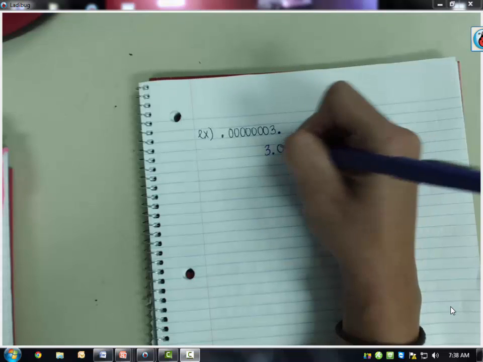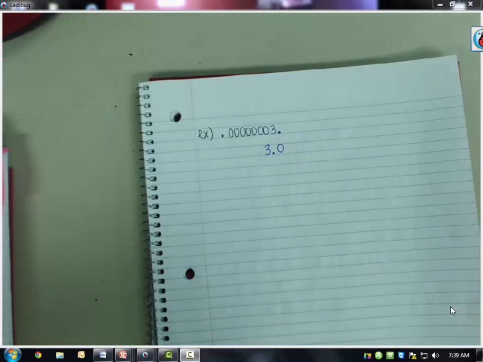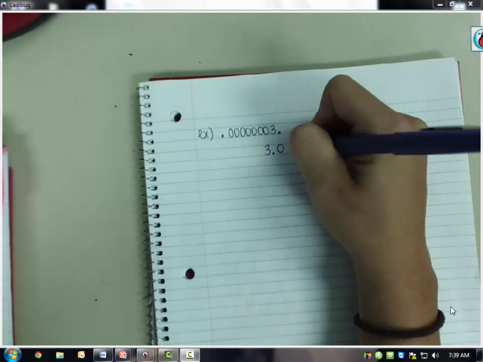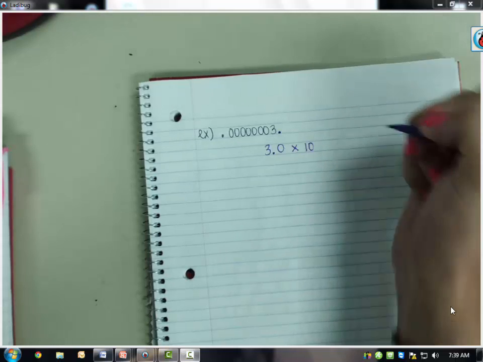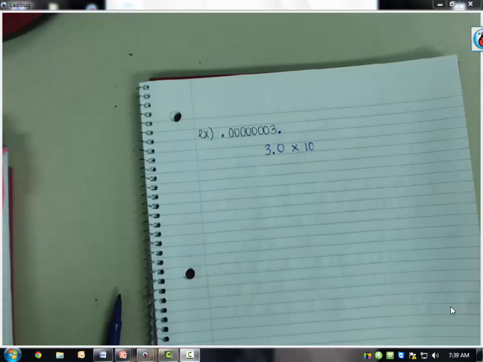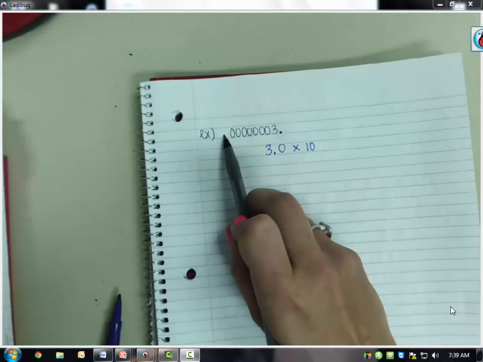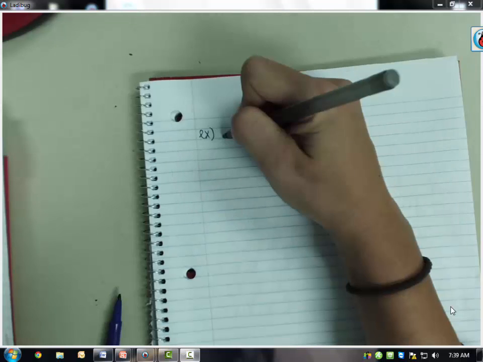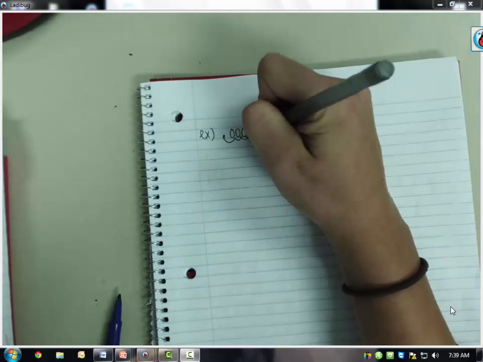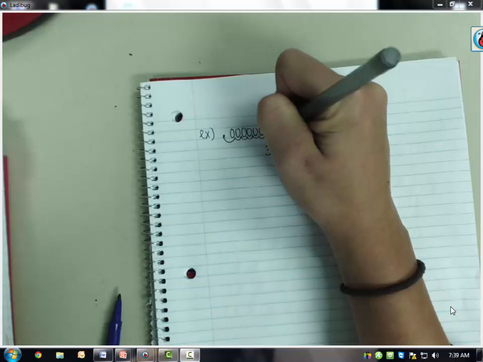Right? You're always going to multiply it by a base of 10, and now we have to figure out your exponent. Okay, so we have to figure out how many decimal places are from here to here. 1, 2, 3, 4, 5, 6, 7, 8. Okay, but do you realize we went a different way this time?